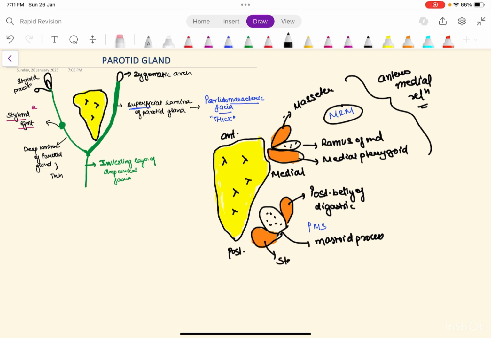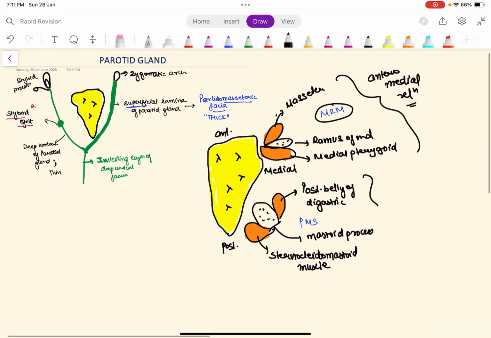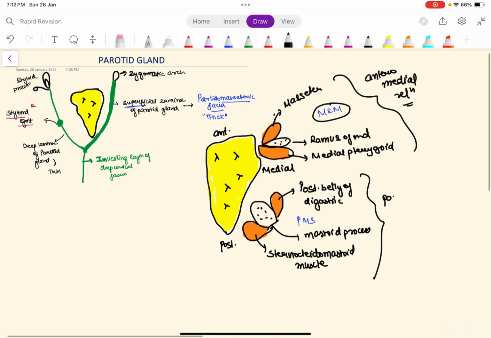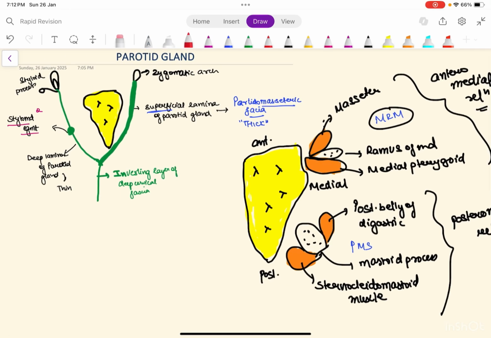This is S, so sternocleidomastoid muscle. So this is between medial and posterior. So this is our posteromedial relation.